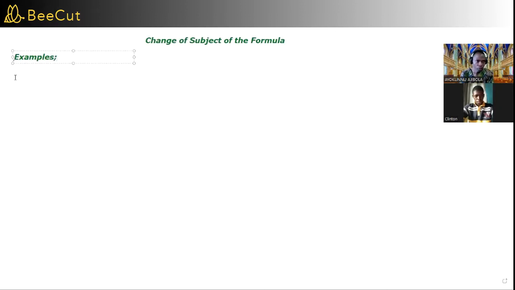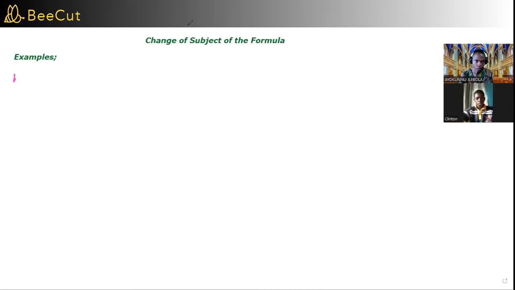Question 1 says: make u the subject of the formula in v square equals u square plus 2as. v square equal to u square plus 2as. So let me put that up here.